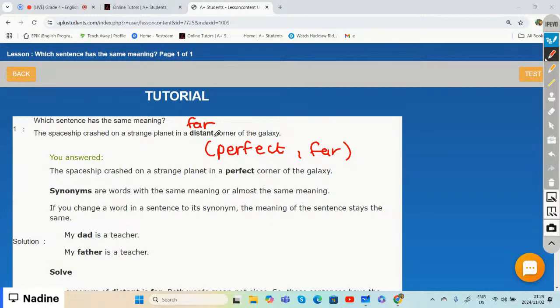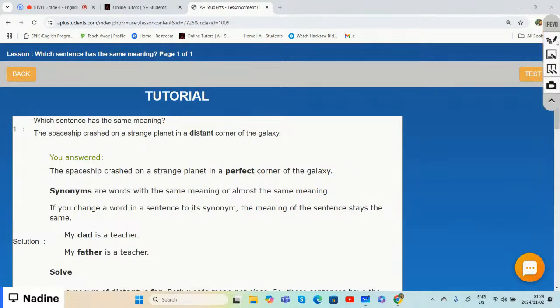So far and distant, those are words with the same meaning. So well done.